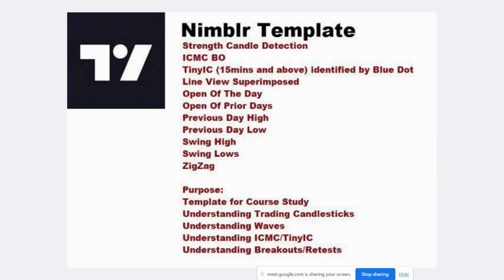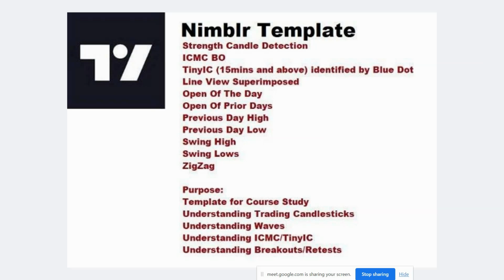We have had multiple discussions on this earlier, and there are multiple videos and courses available from Dishma sir, where we talk in depth regarding ICMC breakouts. These are the simplest form of breakouts, and identifying them over the chart becomes quite easy and we can read the trend much earlier.